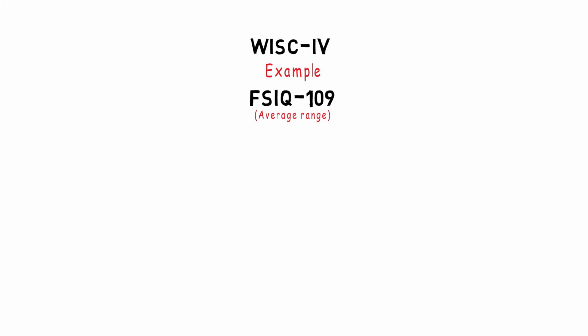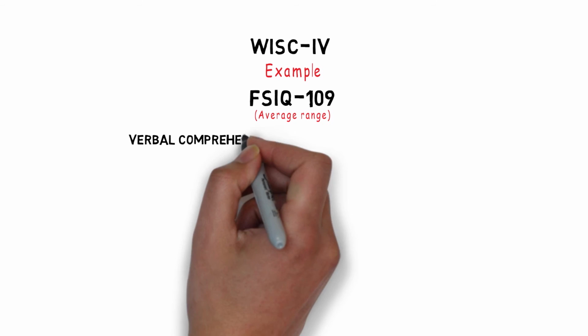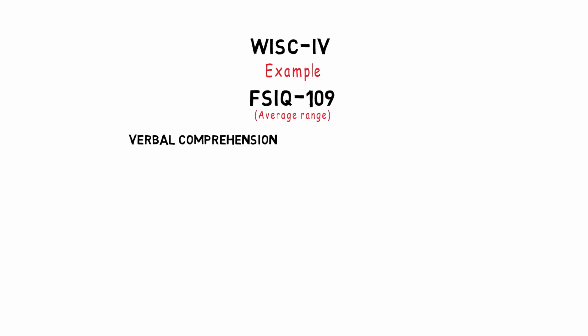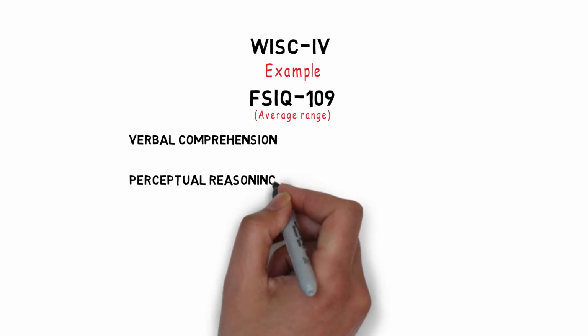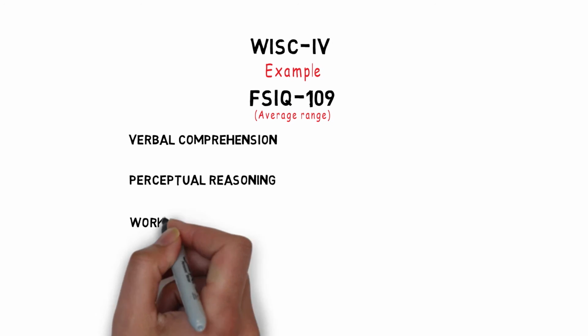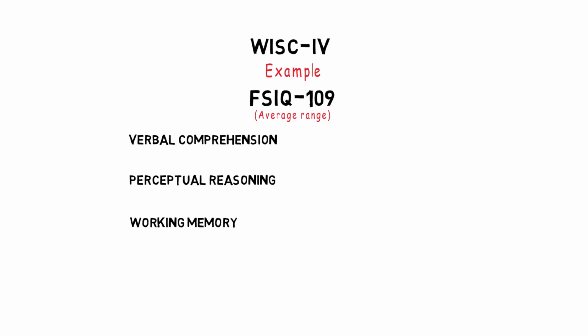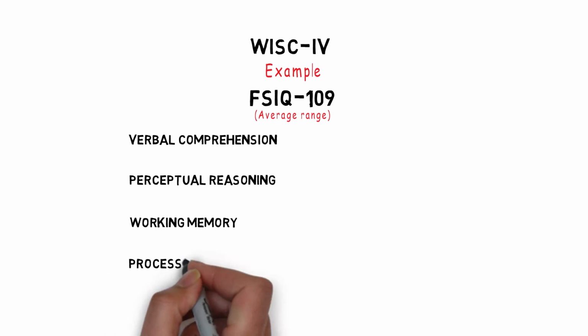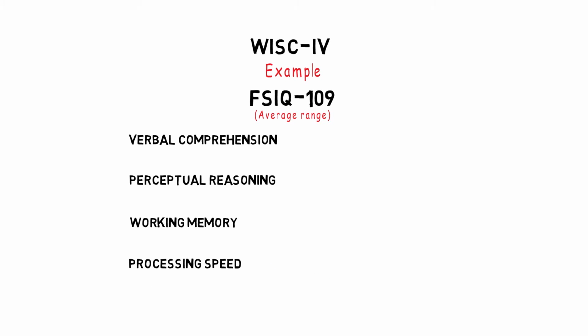The WISC-4 is broken down into 4 components. There's the verbal comprehension, perceptual reasoning, working memory, and processing speed. Okay, so verbal comprehension is your ability to learn and use language to learn.